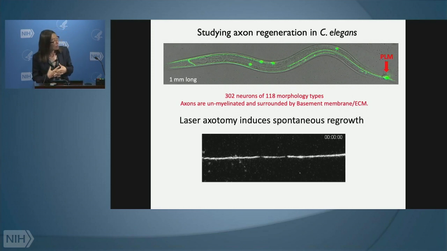Generally, their morphology is rather simple. In many studies, probably in serendipitous ways, we collaborated with applied physicist Fatih Yanik to initiate using a laser as a way to sever the C. elegans axon.